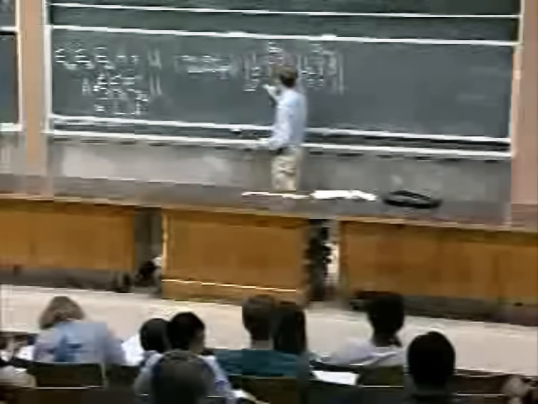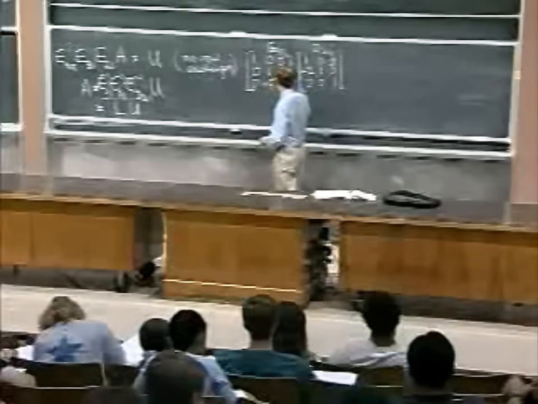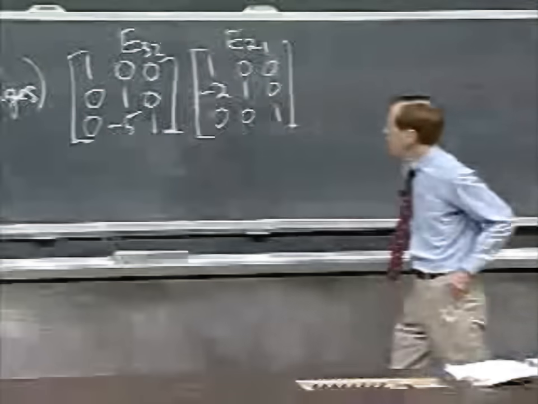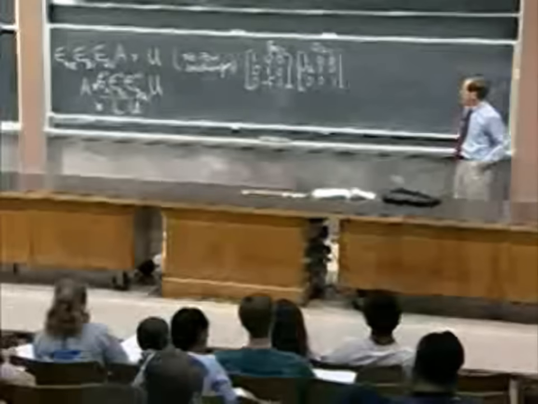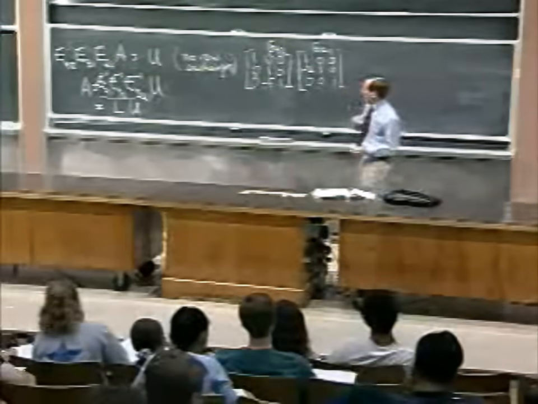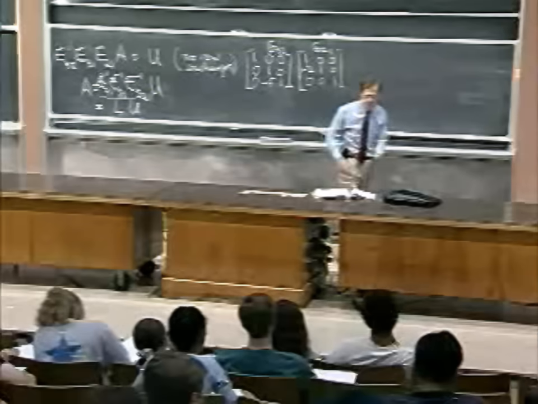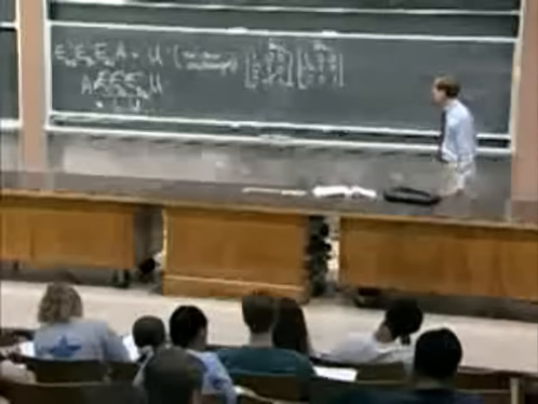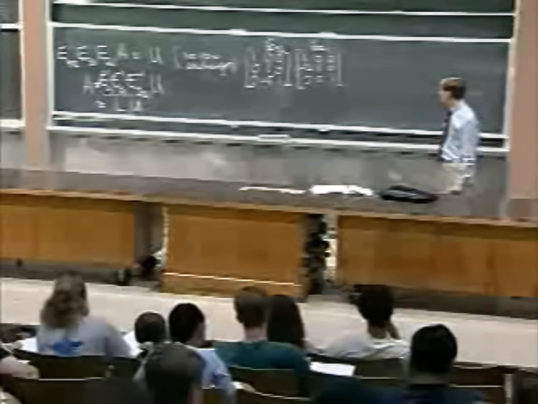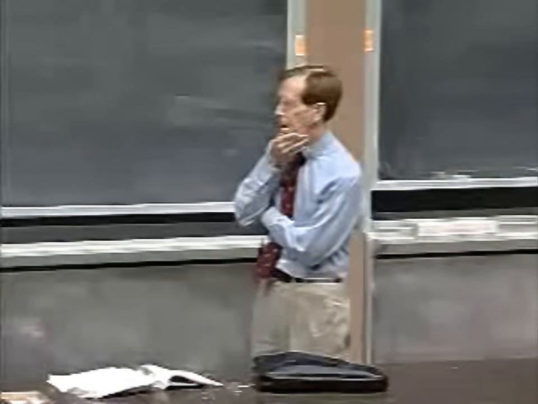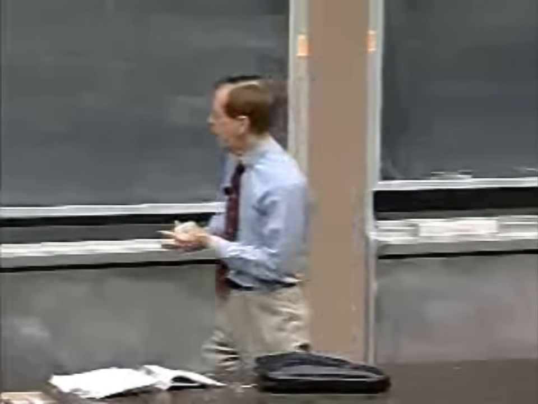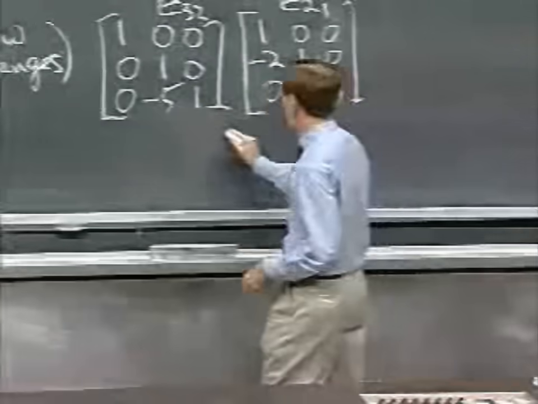Now let's suppose -5, 1. Okay, there's 10. That's a typical case in which we didn't need an E31. Maybe we already had a 0 in that 3,1 position. Let me see if that's going to be enough to show my point. Let me do that multiplication.